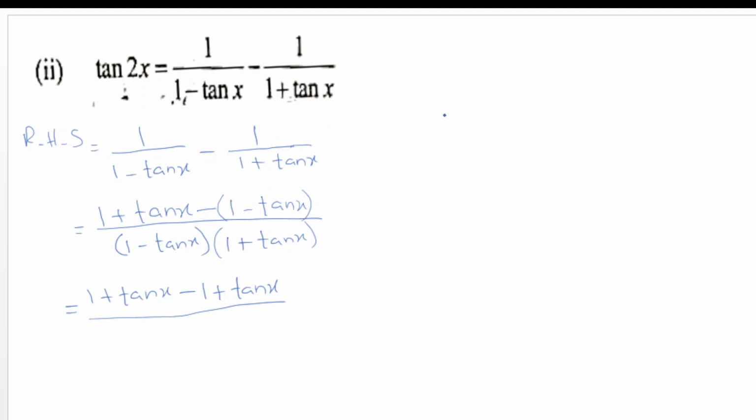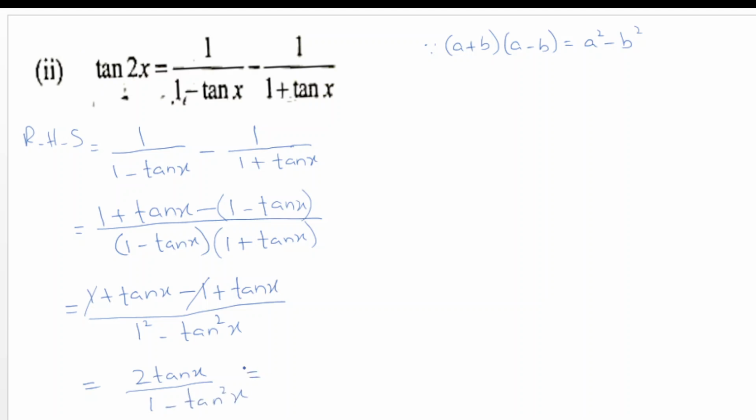You know this formula: (a plus b)(a minus b) is a square minus b square. So the denominator is 1 square minus tan square x. In the numerator, the 1 and minus 1 cancel out and both tan x terms are positive, so we get 2 tan x over 1 minus tan square x.